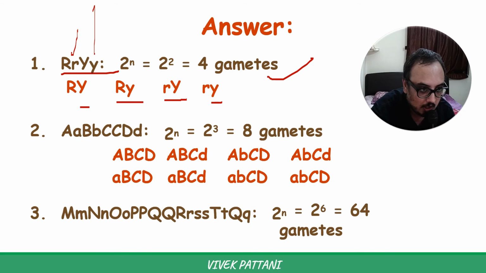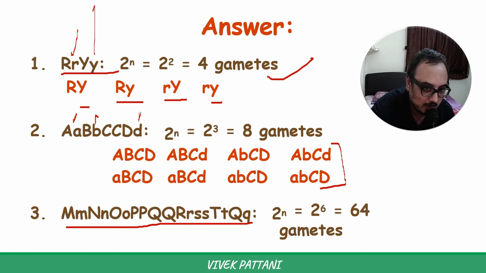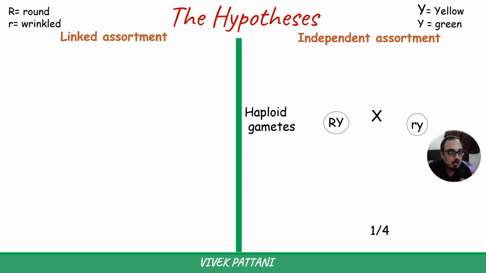Now in this scenario, how many heterozygous? 1, 2 and 3. 2 to the power 3 means the total number of gametes is 8. The same is the scenario in this example also, where there are 6 heterozygous.